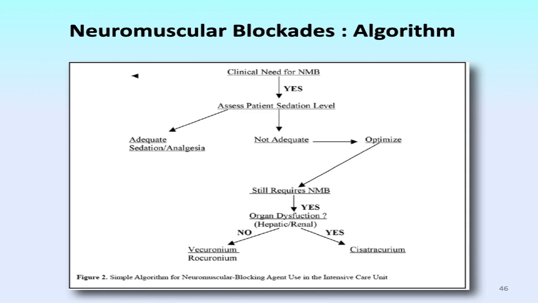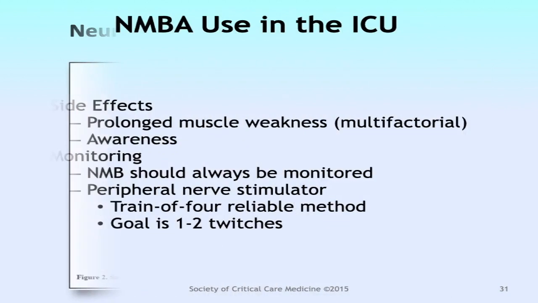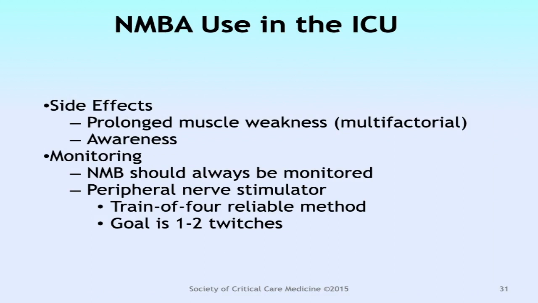If it's still inadequate, maybe I will optimize and increase them. If still not optimized, this is the time to require neuromuscular blocking agents. If you have organ dysfunction, I can go with cisatracurium. If you're okay, you can go with vecuronium or rocuronium. We'll come in a minute to study each one separately.